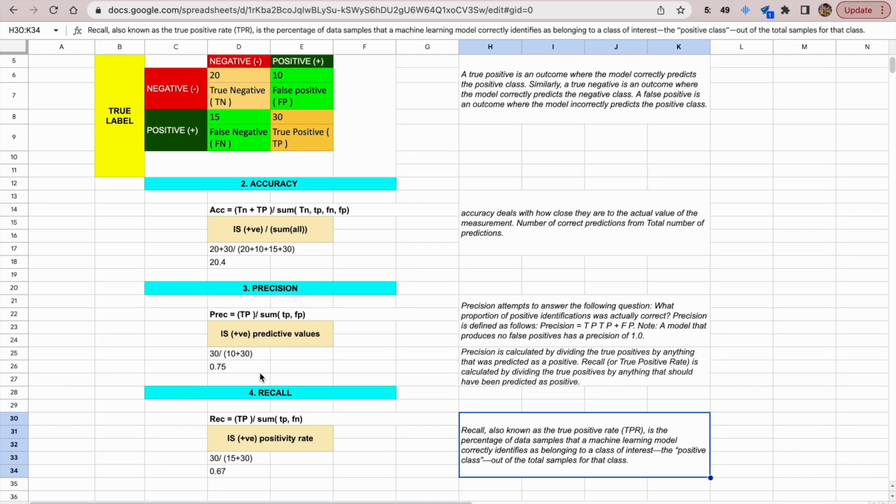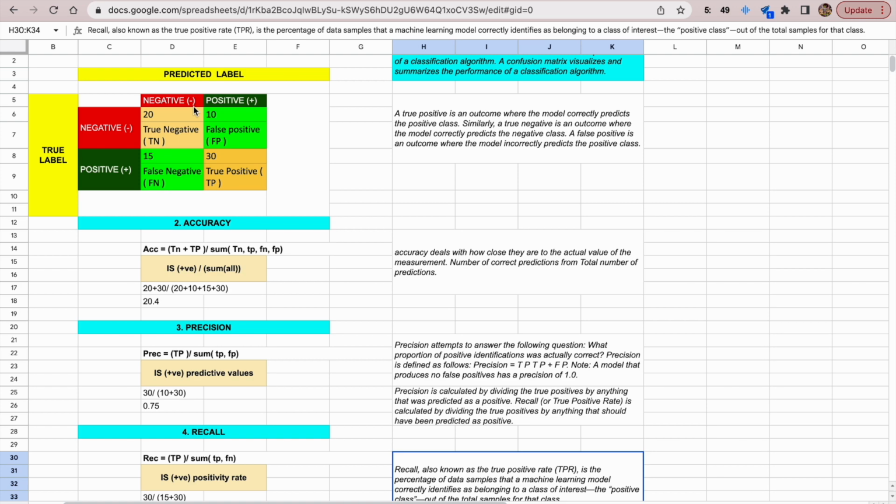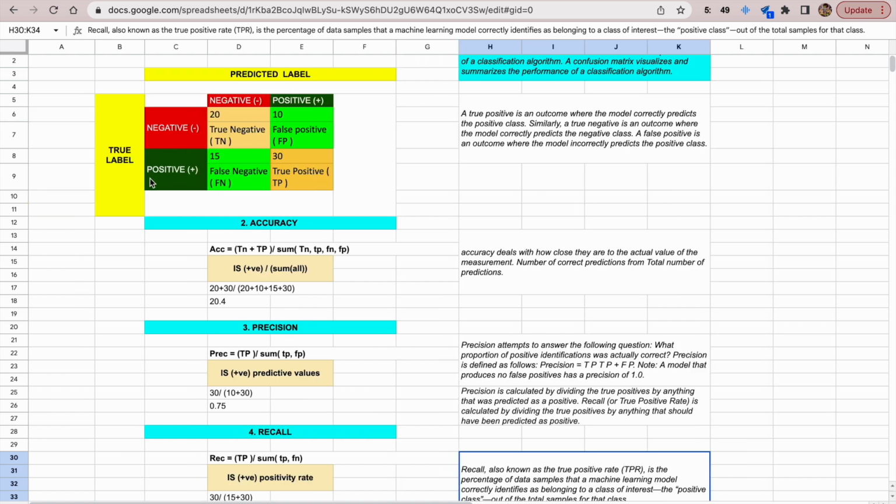The positivity percentage comes from here. This is the recall, true positive and false negative, yeah, this one. So this is a positive.